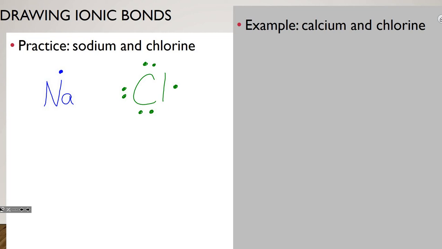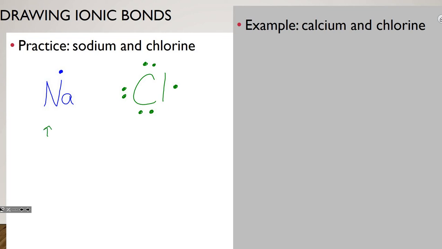This is the next thing that you're answering. Which one's going to give up electrons? Sodium. So sodium's going to become, if it gives up electrons, it becomes positive, and it becomes like a noble gas, but it becomes positive. What was a positive ion called? Positive cation. So it's a cation. So this one's going to become my cation.